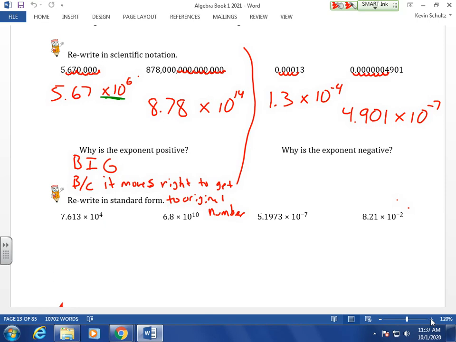A negative exponent means your value is very small. Small value. And because it moves to the left, we're dividing by 10 to get back to the original number.